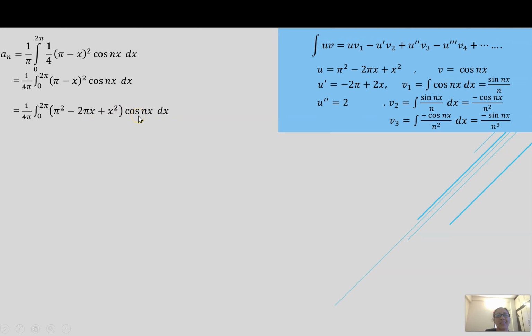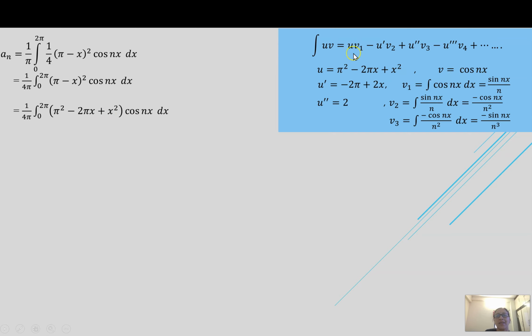If you differentiate this infinite number of times, you will get values, isn't it? But here this function is a finite function. That means if you differentiate this thrice, you will get 0. So consider this function as u and cos nx as v. So u equal to pi square minus 2 pi x plus x square and v equal to cos nx.